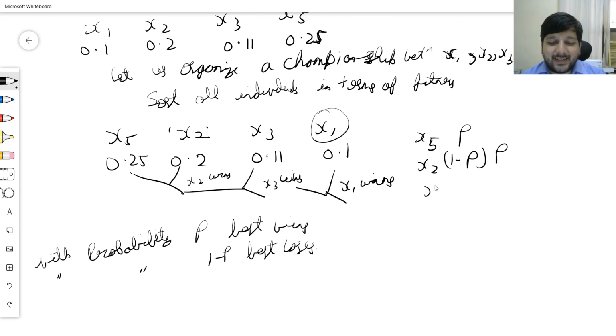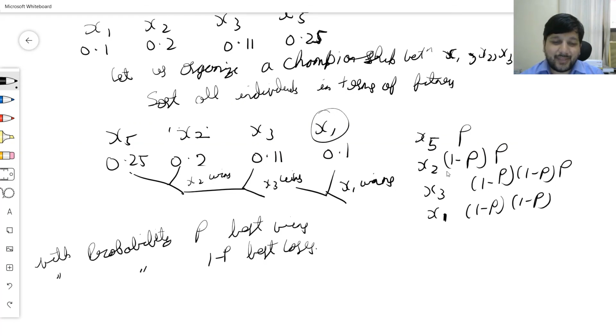The chances that x3 gets selected is, first x2 must win in both these matches, then x3 must win both these matches. So the weaker should win, then x3 must win from x1, and similarly x1. So x2 should win here, x3 should win here, and x1 should win here. So that's extremely high and that's extremely low. So mostly x1 will not get selected because it's bad.